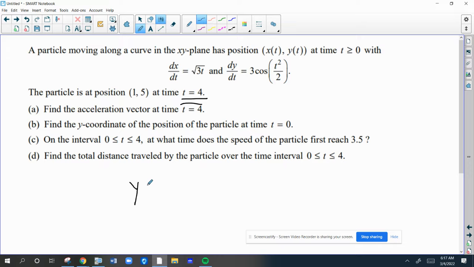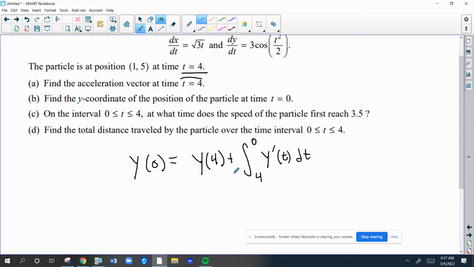So y of 0 would be the initial position of y at t equals 4, plus the net distance, the displacement from 4 to 0. That's just the derivative of its velocity component. So that's just linear motion.